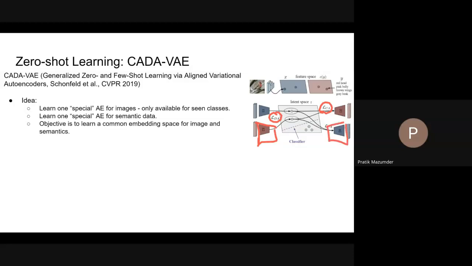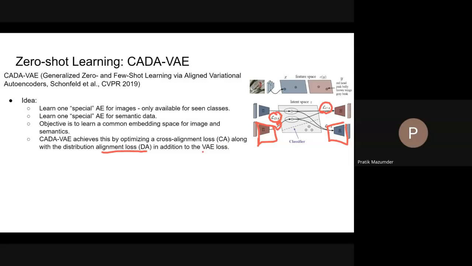In fact, the loss which I described for DA was actually the VAE loss, which I crossed in the previous class. So CADA-VAE will achieve whatever objective we just mentioned using these three losses, not just two. You have your cross alignment loss, you have a distribution alignment loss, as well as your generic VAE loss, because you're training a VAE.